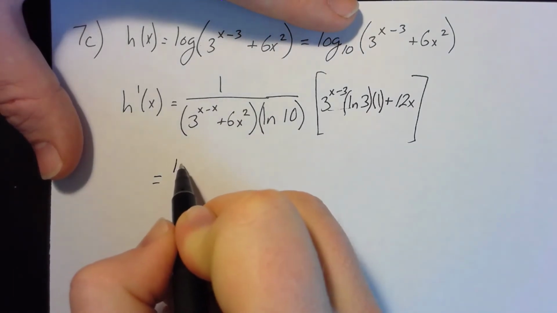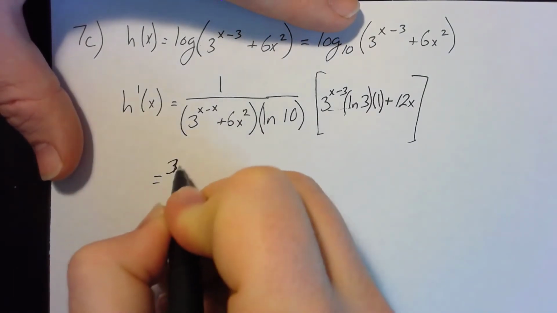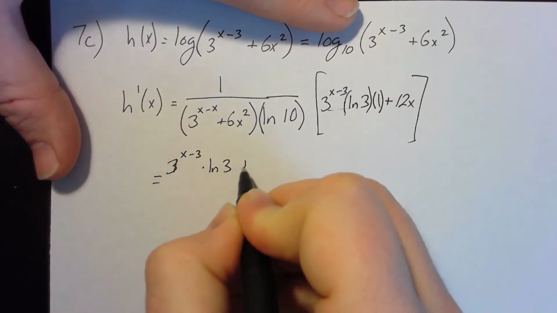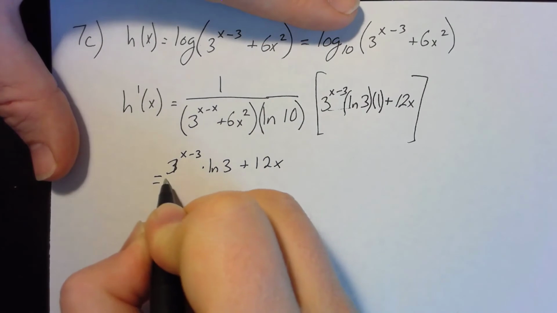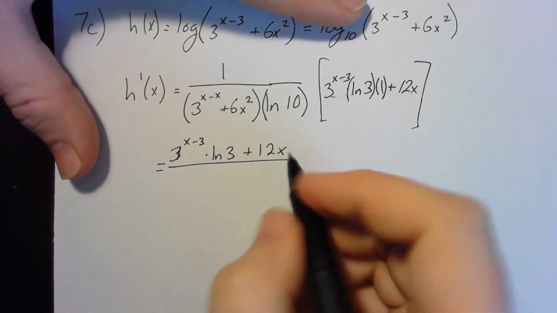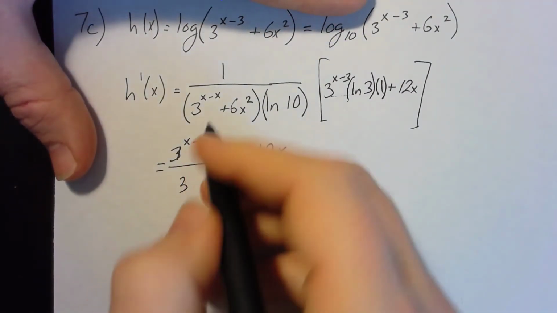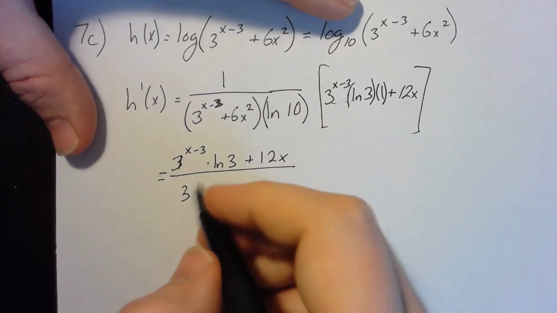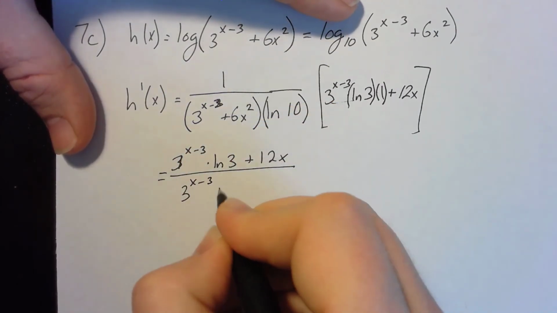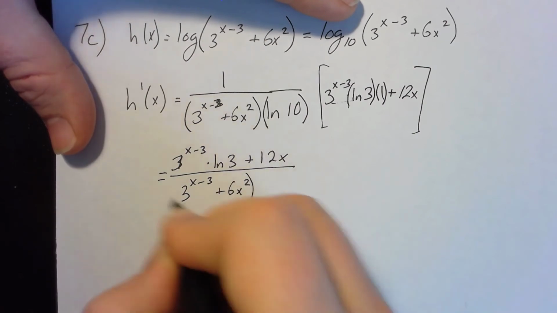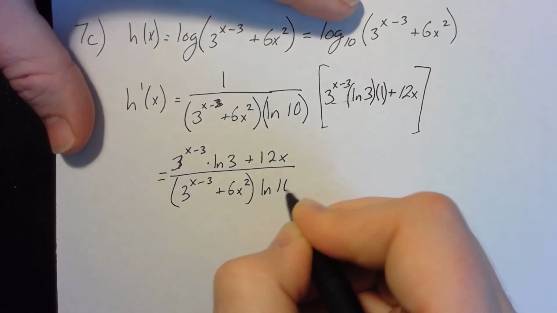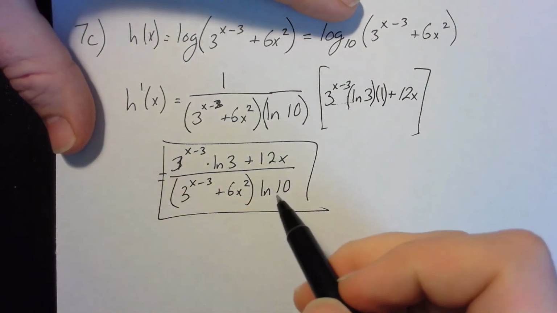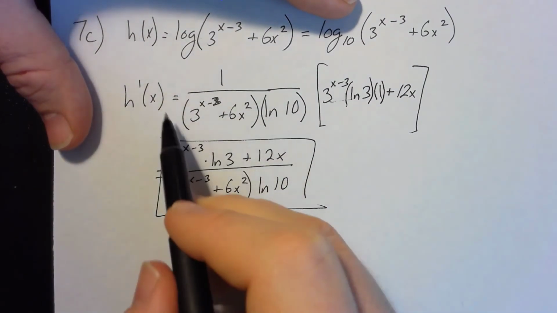I'm going to go ahead and write 3 to the x minus 3 times the natural log of 3 plus 12x, that is all on top, divided by 3, I wrote x twice here, this should be a 3, 3 to the power of x minus 3 plus 6x squared multiplied in parentheses by the natural log of 10. Again, that's as much simplification as we're willing to do on this type of example, but that right there is the derivative of that function.